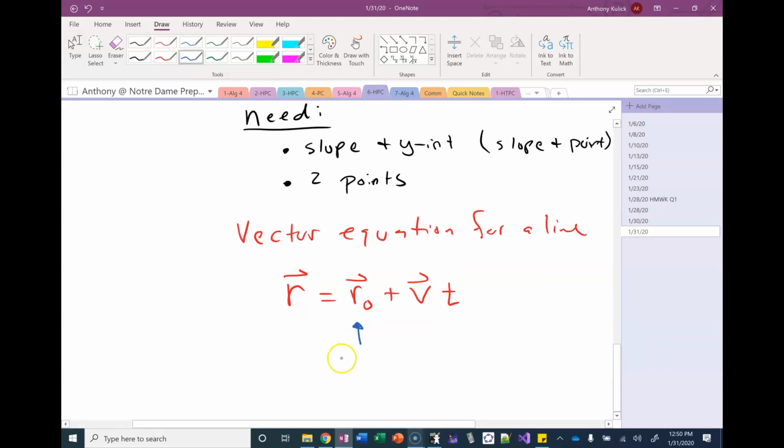We call vector r naught the point vector. And we call vector v the slope vector. And then I guess we can write that t is just a parameter.